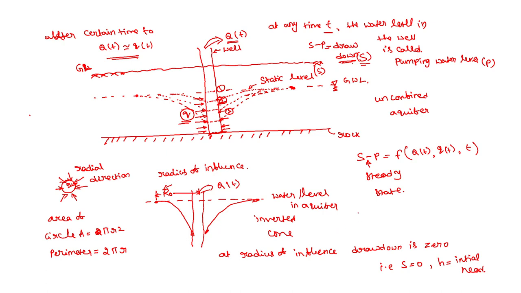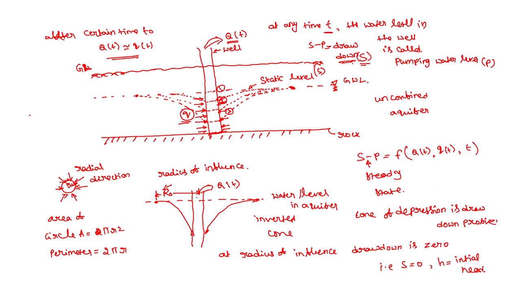So the cone of depression is nothing but the drawdown profile, which is a function of all these things, the capital Qt and small qt and t and all. And R naught is the radius of influence.